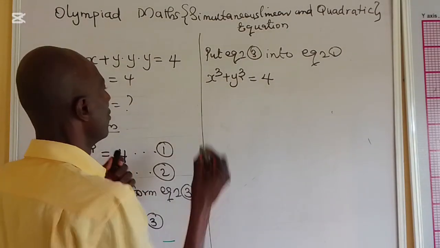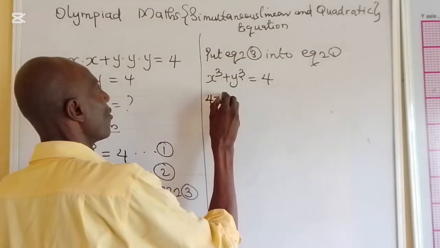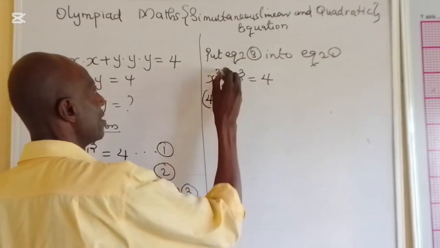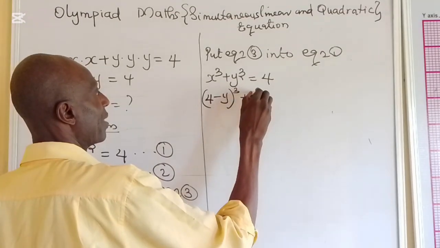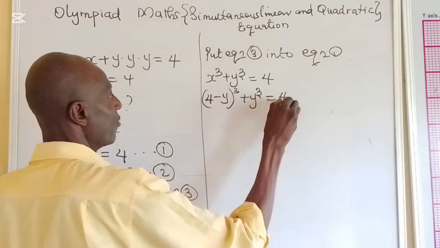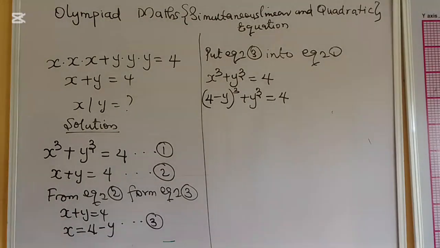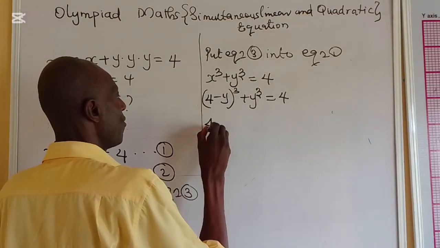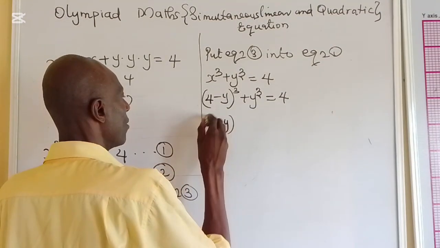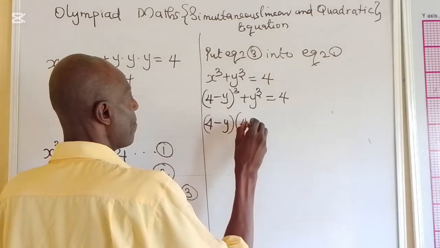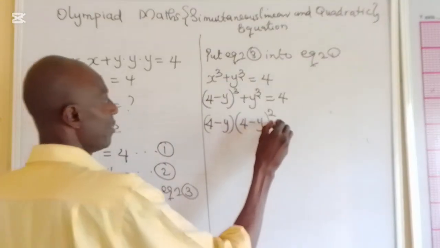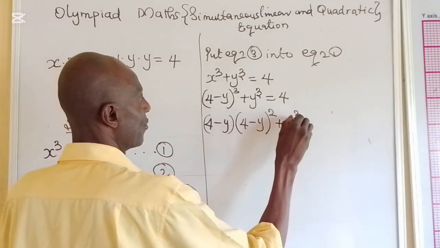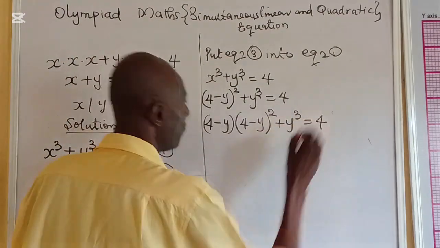So now write (4 minus y) all raised to power 3, plus y raised to power 3 is equal to 4. I want to break this down so that we can multiply. What we have here is (4 minus y), then another (4 minus y), all raised to power 2, plus y raised to power 3 is equal to 4.